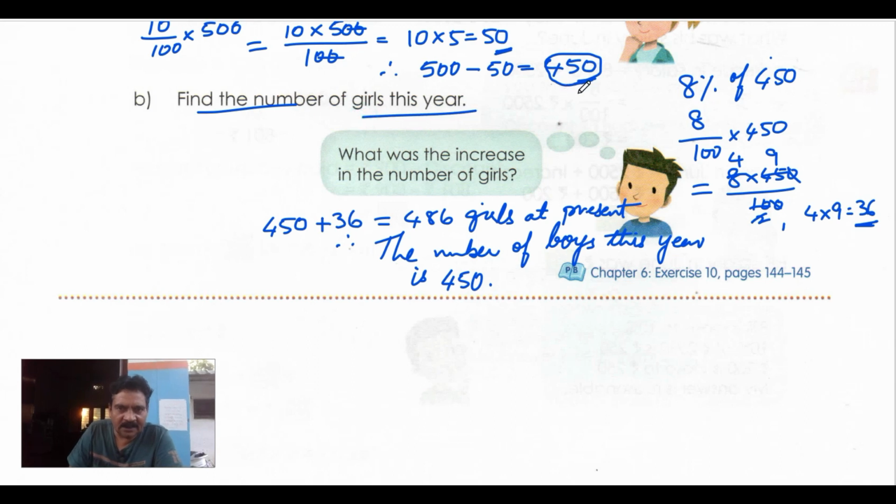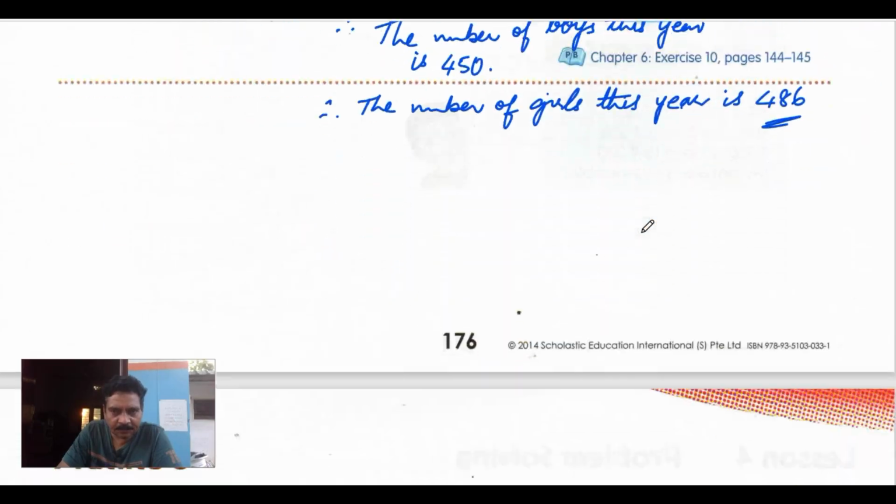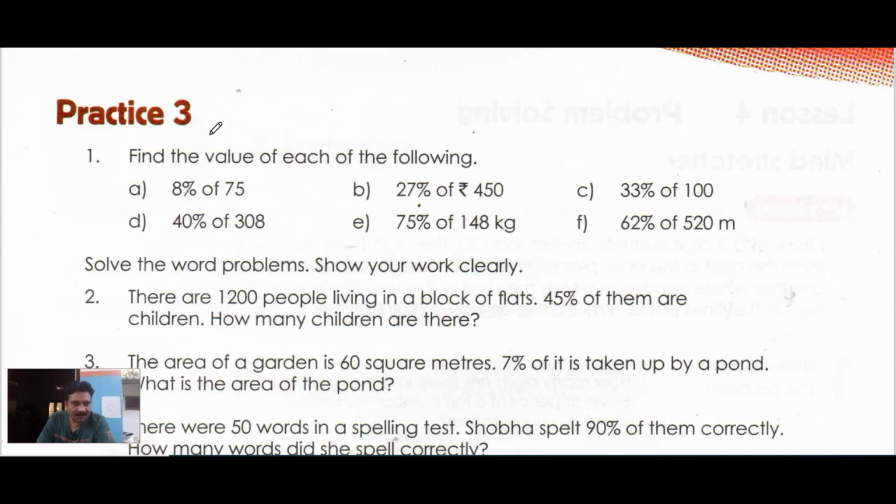We have already done, that is 486. Therefore, the number of girls this year is 486. This is your answer. Very simple. Now let's go to practice 3.